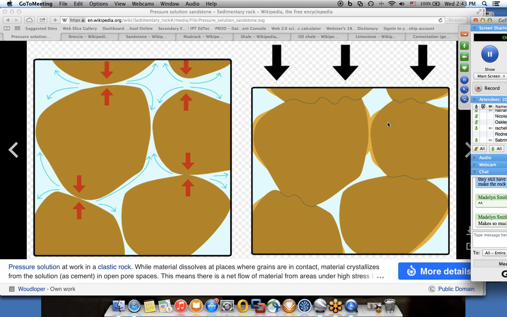All right. Now, as Emma was saying, there are still bubbles or space between, they're called pores.